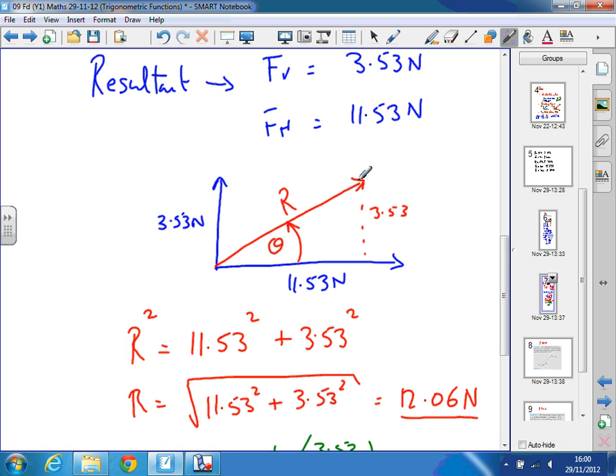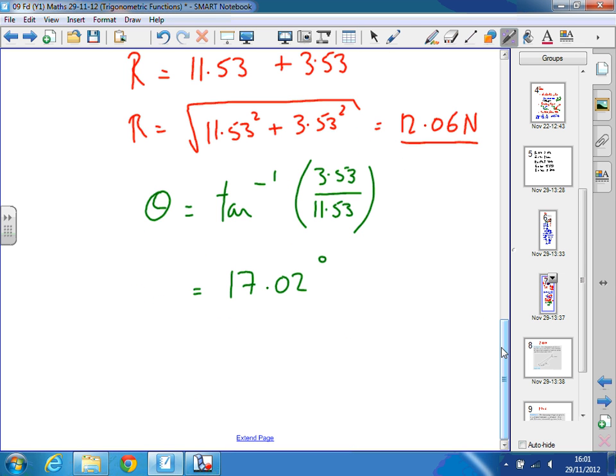And then enter the coordinates. X first, 11.53. And then a comma, which is above the closed bracket symbol. So you hit shift, close bracket, and then the y coordinate, 3.53. And then equals, and you get r, which is hopefully roughly 12.06, and if you scroll along you'll get theta, which is 17.02.